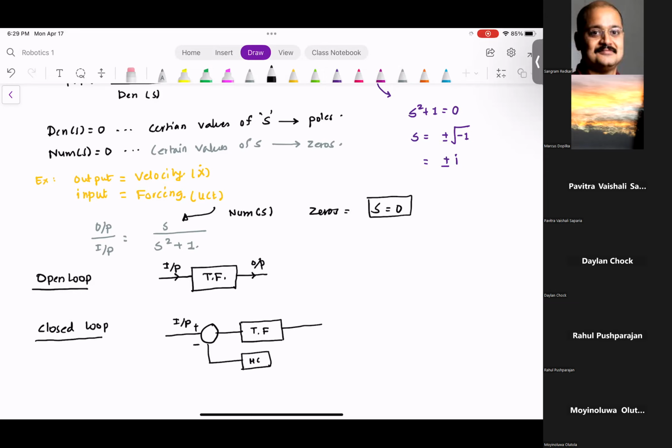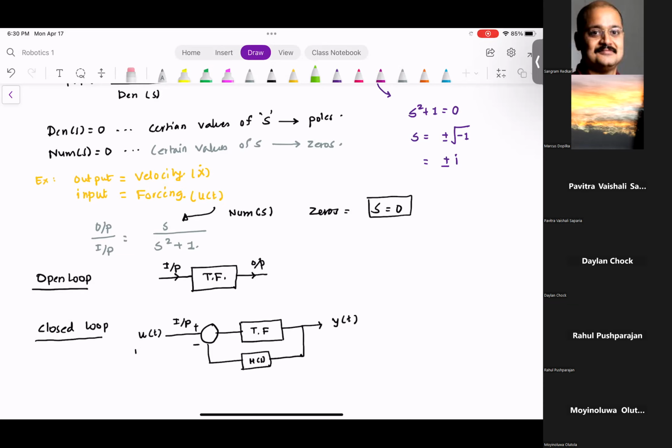I'm going to call this input U, this is U of t, and this output Y, this is Y of t.